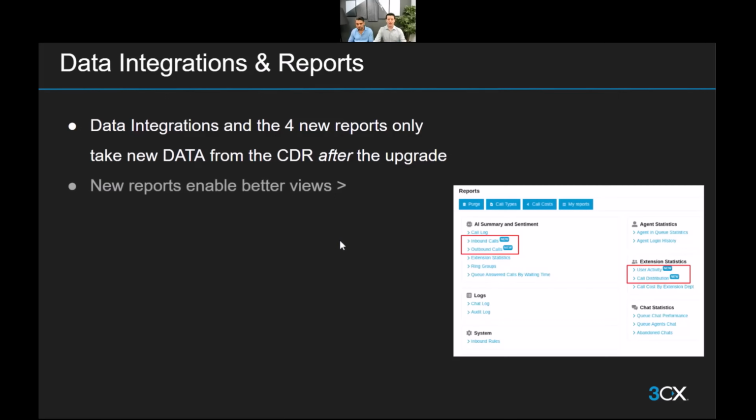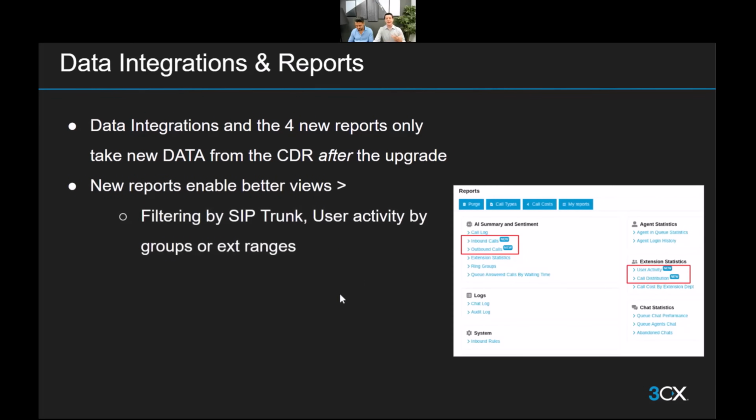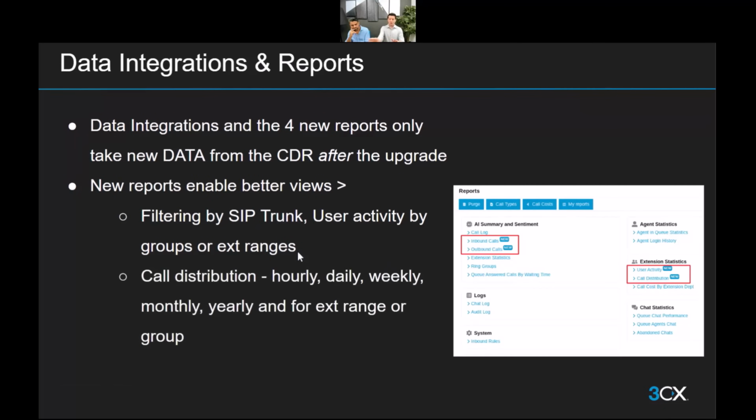So the new reports are going to give you a much better view. What I mean by that is the granularity in filtering: trunk, user activity, groups, departments, even extension ranges, which is something that many of you have asked about. We used to be able to do this. Now we need to be able to select a specific range, and we need to do that on a call distribution: hourly, daily, weekly, monthly, yearly.